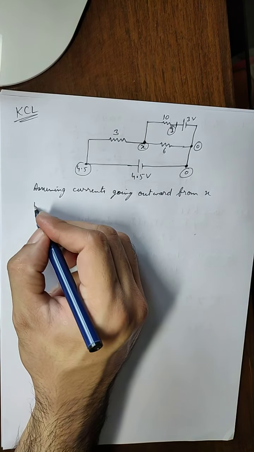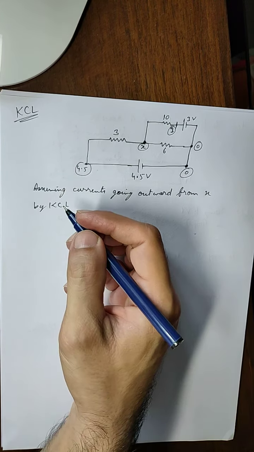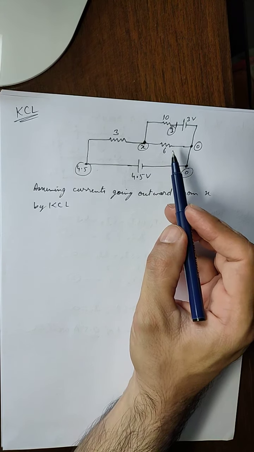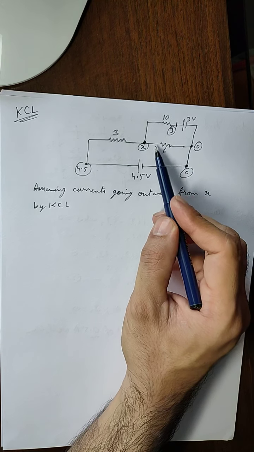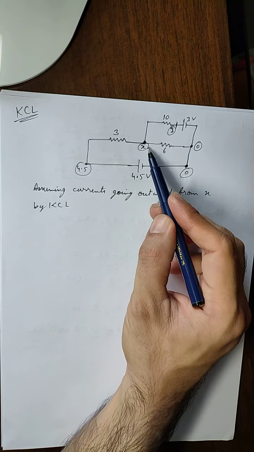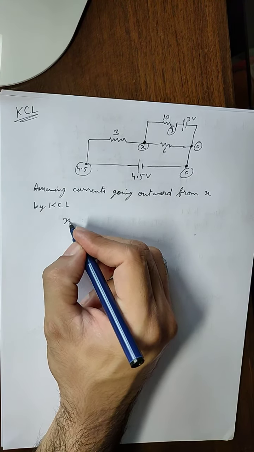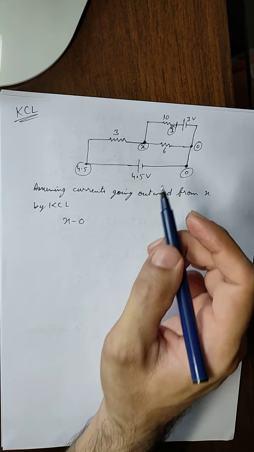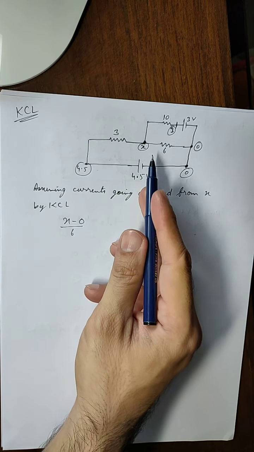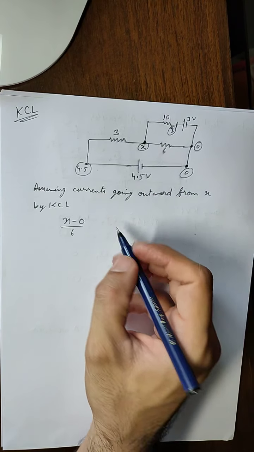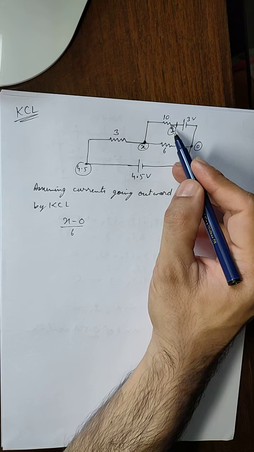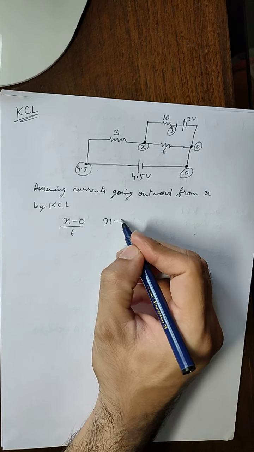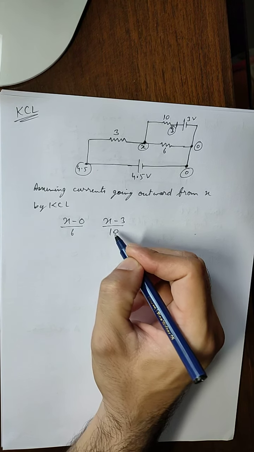Then by KCL we can write that the current in this branch, across this resistor, will be equal to the potential difference of this branch, that is X minus 0, divided by the resistance. That will give us the value of the current in this branch. Similarly, in this branch, the potential here is x and here it is 3. So it will be equal to x minus 3 upon 10.